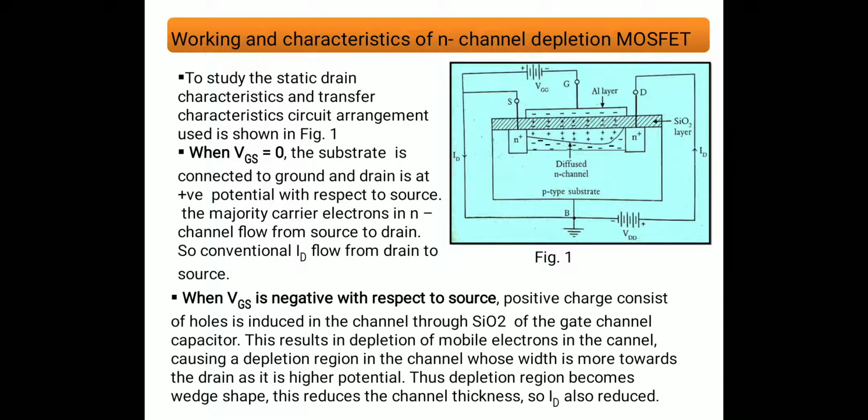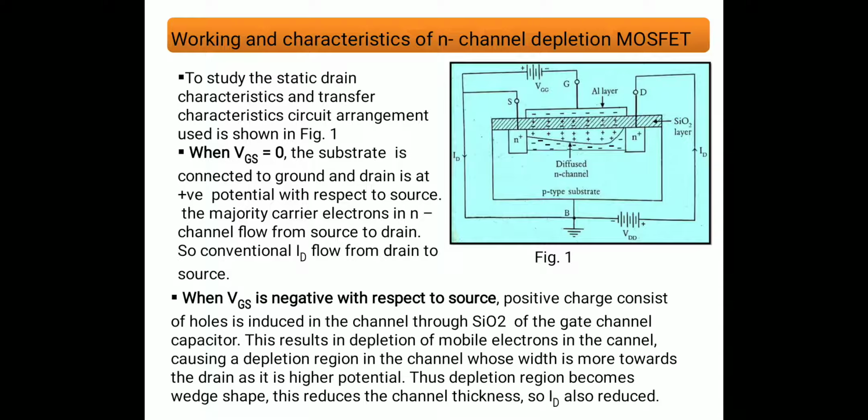The mobile electrons, which are the majority current carriers in the N channel, move in the downward direction. This gives rise to a depletion region consisting of positive charges. Because of the forming of the depletion region, the channel thickness will reduce. The depletion region is wedge shaped because the drain is at higher potential.